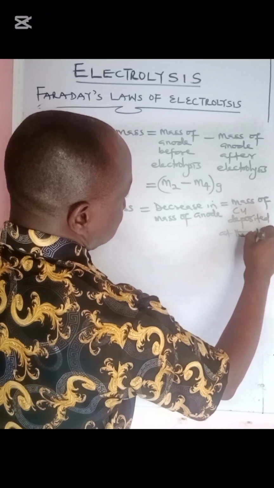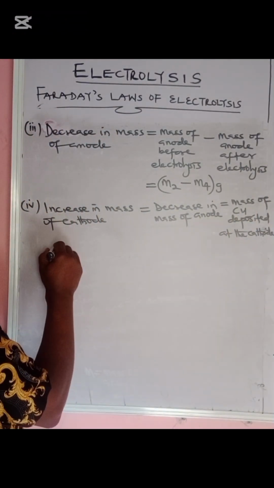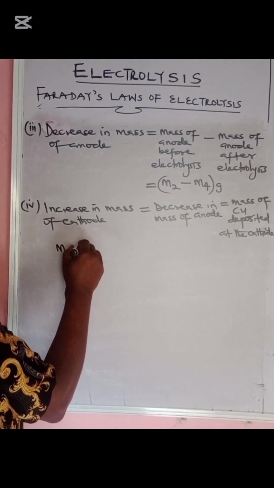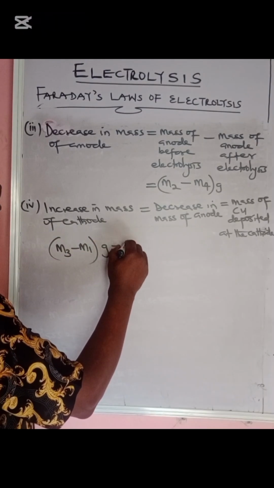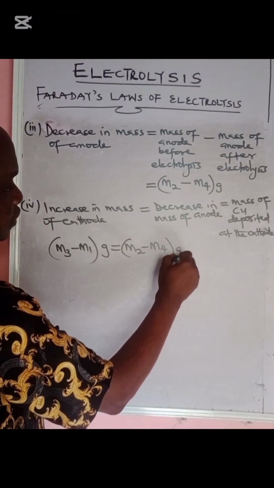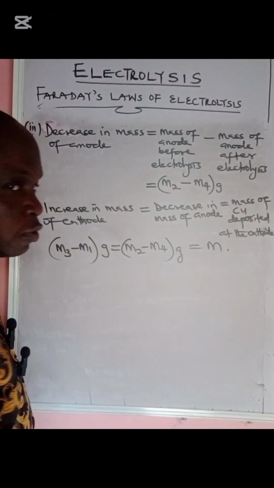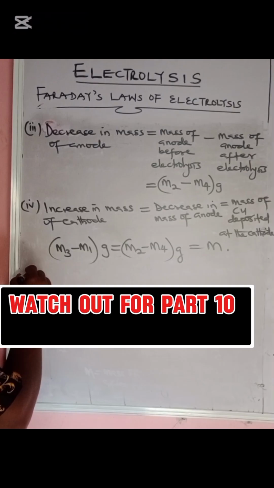Take note of that. So this is what we are saying: M3 minus M1 gram is equal to M2 minus M4 gram, then is equal to mass of the substance deposited. These are the things we need to know. So we are going to look at a question to illustrate that. So let's see the question.